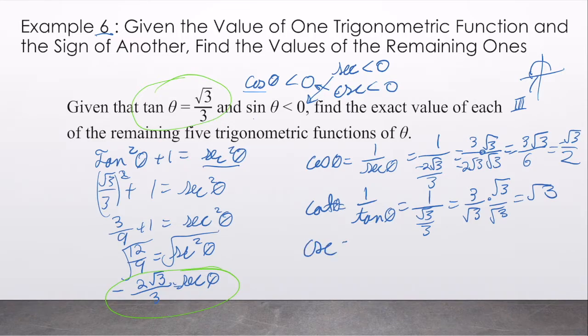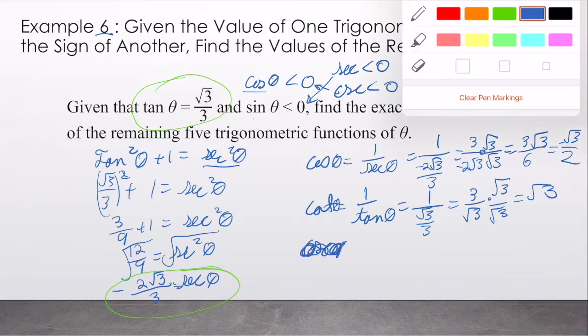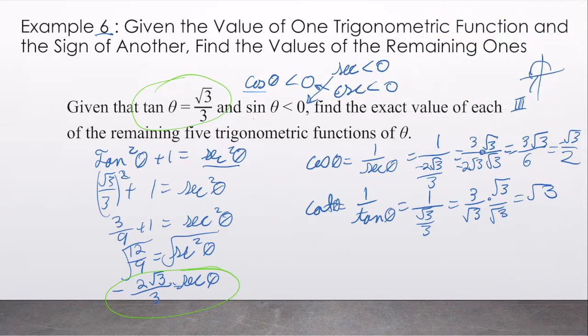Cosecant is 1 over sine of theta, but I don't have that yet. Rethinking, I think we have to use a different trig identity. Remember that tangent of theta is sine of theta over cosine theta. If I multiply both sides by cosine theta, I find that cosine theta times tangent of theta is sine of theta.